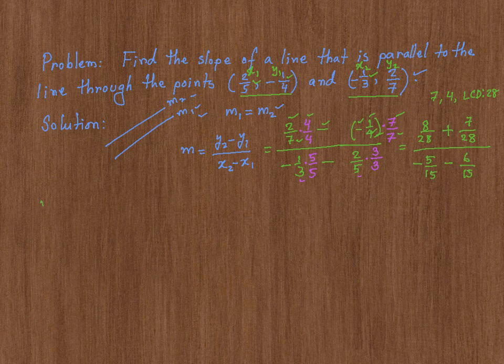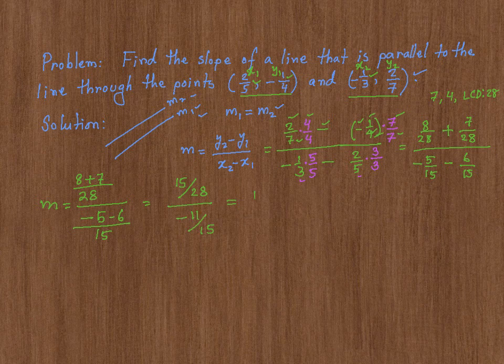Now if I continue with my simplification, I get the following. On the top, 8 plus 7 over 28 divided by negative 5 minus 6 over 15 is going to be 15 over 28 divided by negative 11 over 15.